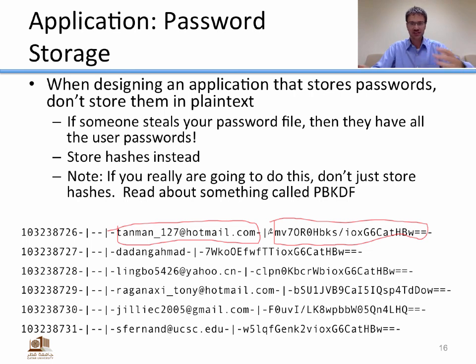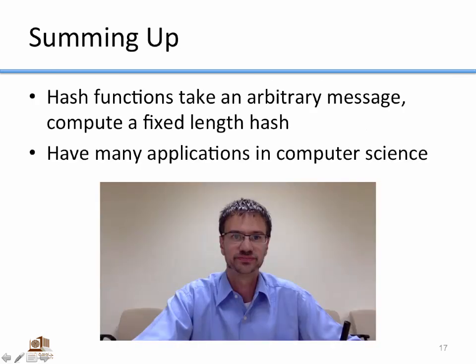And if the attacker wants to get the original password, he has to brute force it. He has to break pre-image resistance, not randomly, but by hashing potential passwords and comparing to this hash. So it significantly increases the work an attacker has to do to get the passwords, even if he manages to steal the password file. So that right there is using hashing to help with password storage.